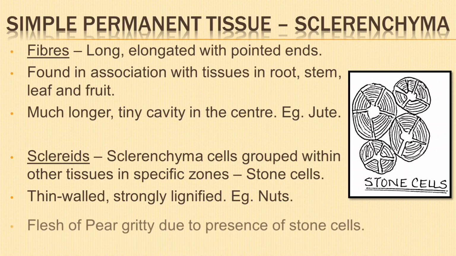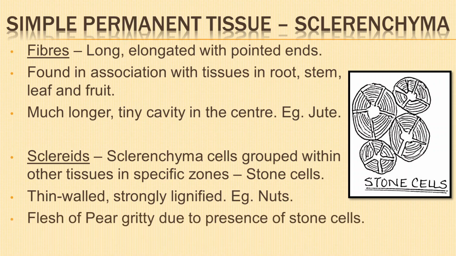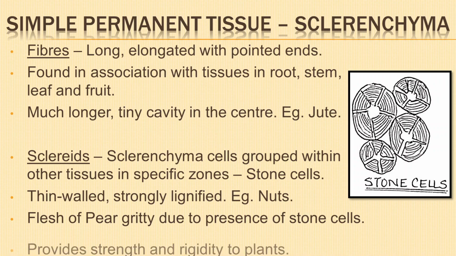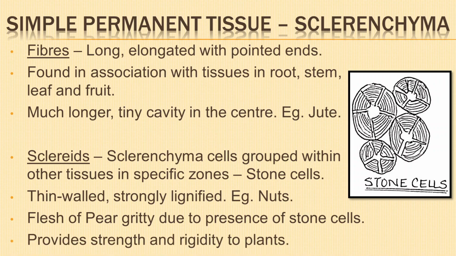The flesh of pear is gritty because of the presence of stone cells in it. The sclerenchyma cells are dead cells, and their main function is to provide strength and rigidity to the plant.